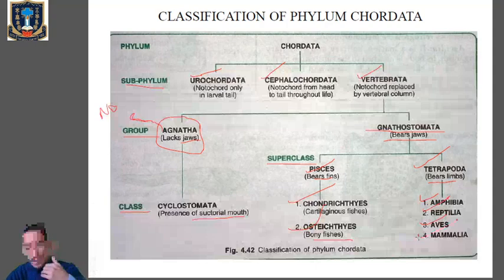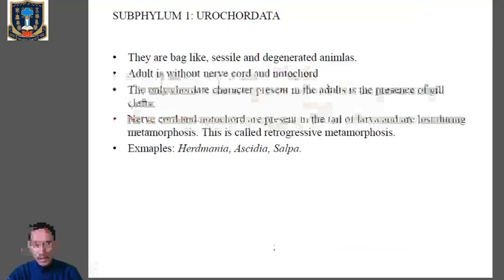So this is the classification of phylum Chordata. It's on page number 4.53, figure number 4.42. So do remember the classification of phylum Chordata. Now we will see the characteristics of the first subphylum.